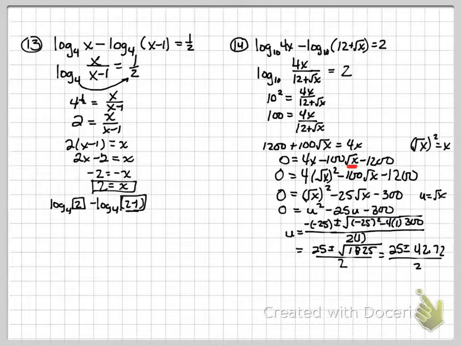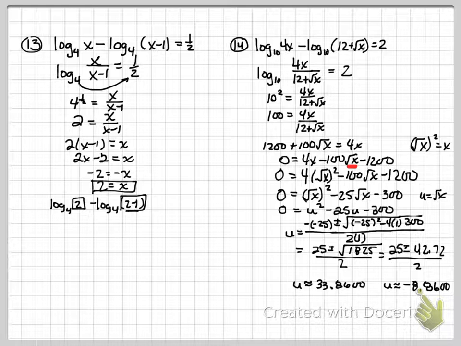What I now have is u equals, I split this up, u is approximately 33.8600, and u is approximately negative 8.8600.